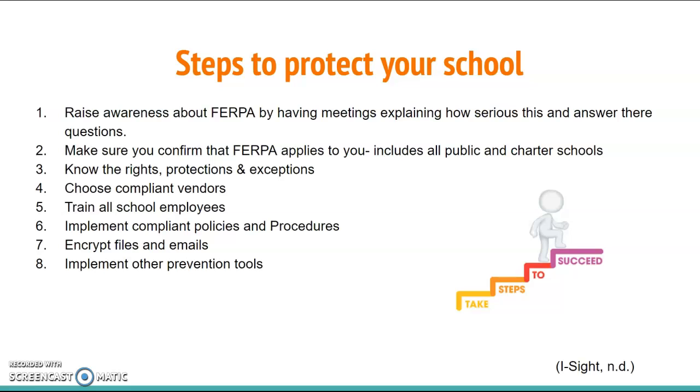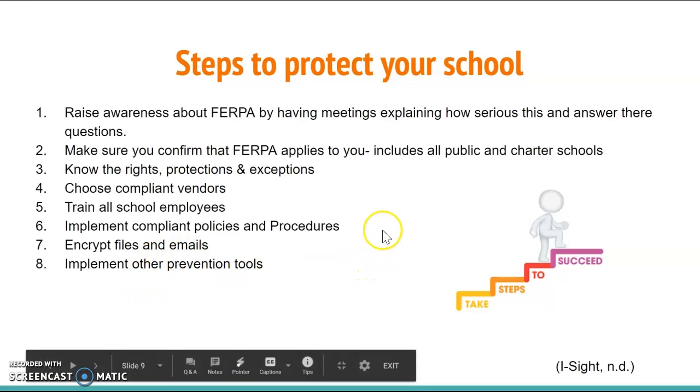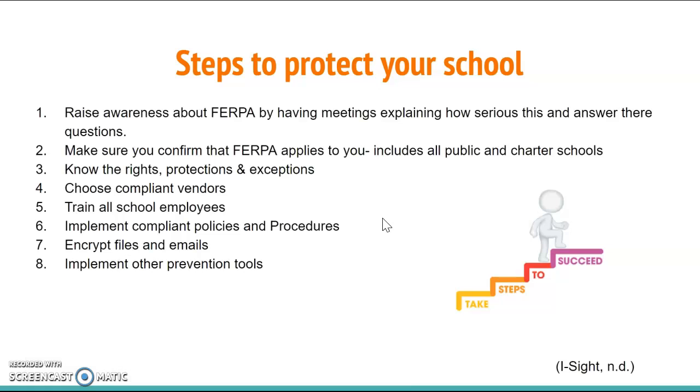Implement compliant policies and procedures. So we need to make sure that with all of our procedures we're compliant, and we need to make sure our emails and files are encrypted, and then implement other protection tools. So just double checking, make sure information is secured.